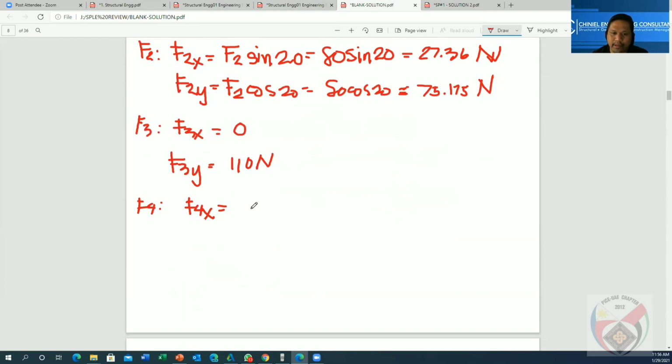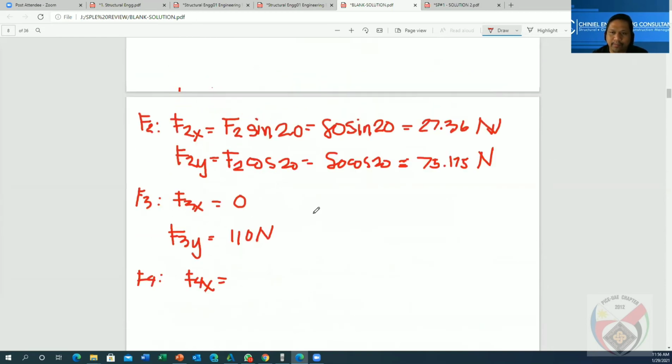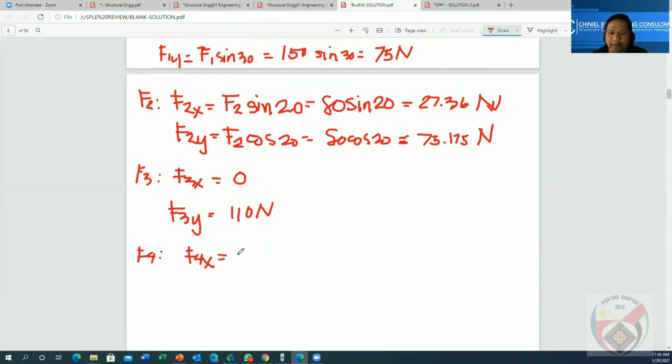So F4x, F4 is how much? 100. So 100 cosine of 15. Please calculate. F4y is 100 sine of 15.